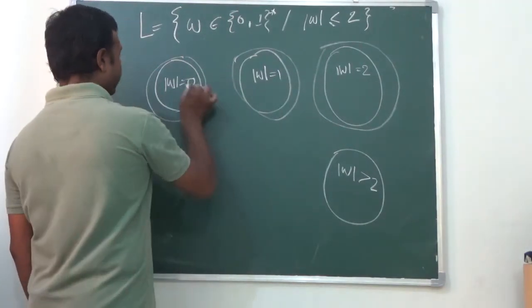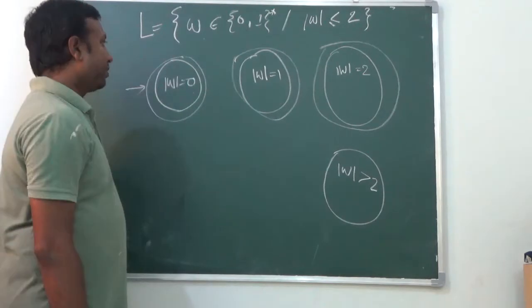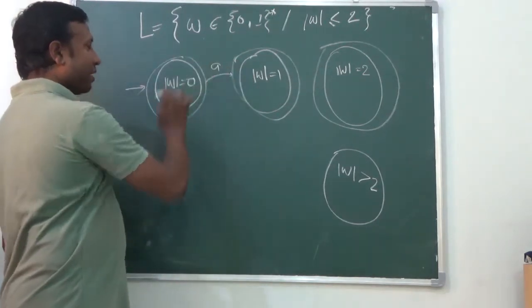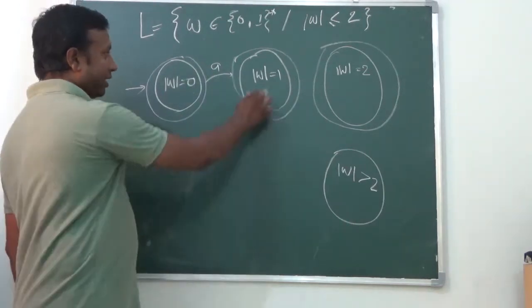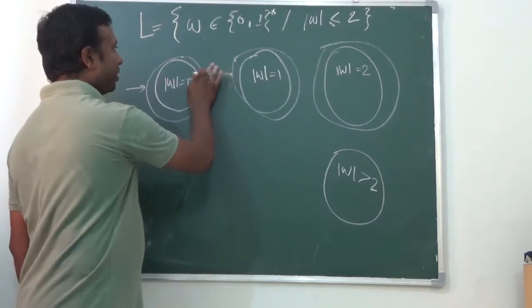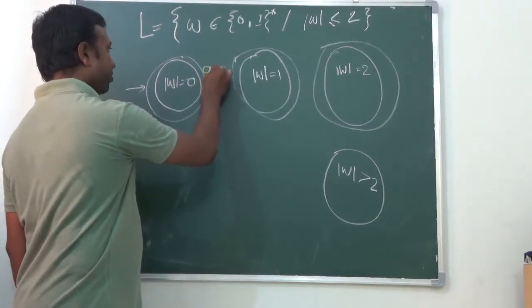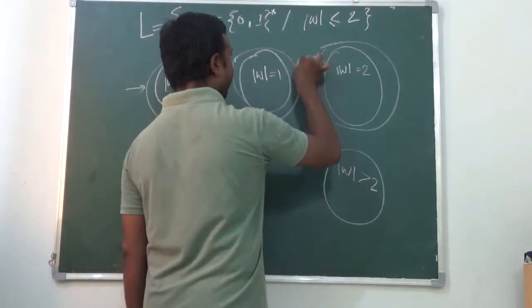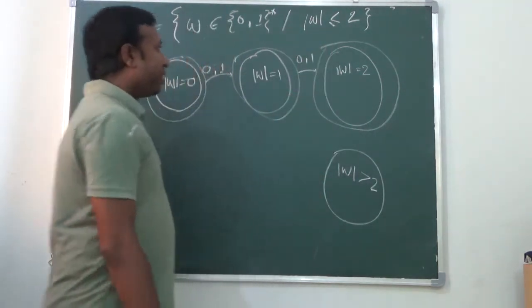So from this, if I get a symbol, that means from length 0 and I am getting 1 symbol, the length becomes 1. Here if I get a 0 or 1, the length becomes 1. If I am getting again 0 or 1, the length becomes 2.